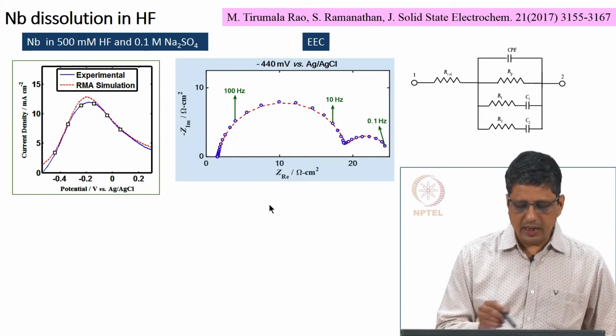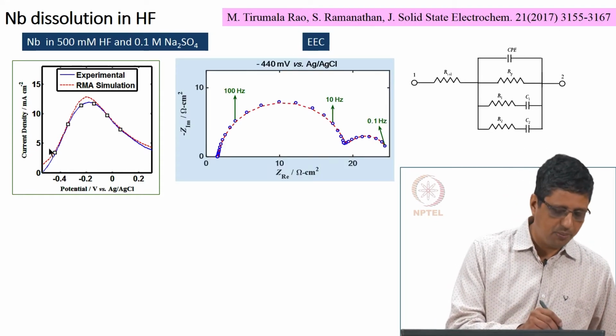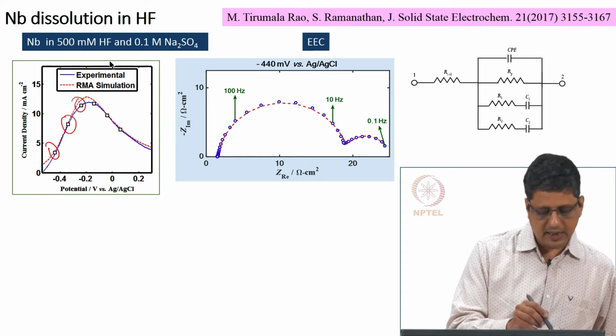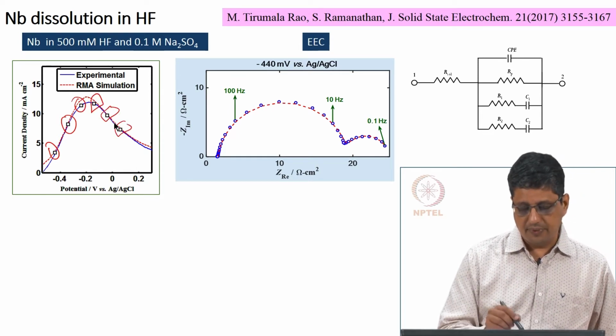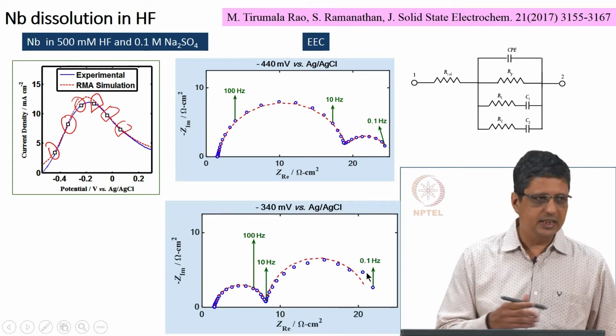Now, we can get impedance spectra. We have taken it at 3 different potentials in the region where current increases, and then 3 different potentials in the region where current decreases. So, it forms 2 semicircles, and this is in a rotating electrode.